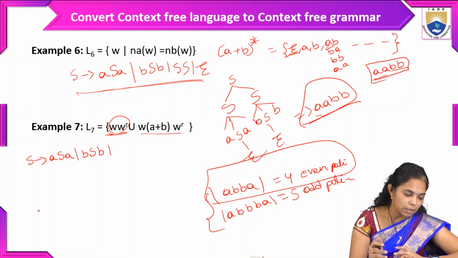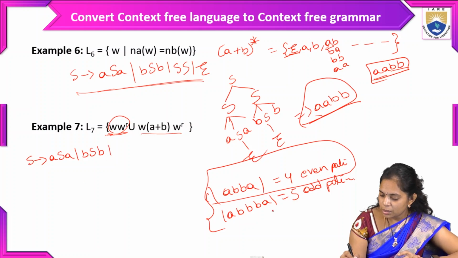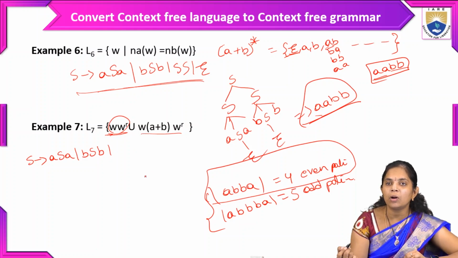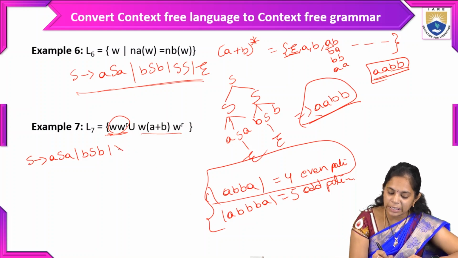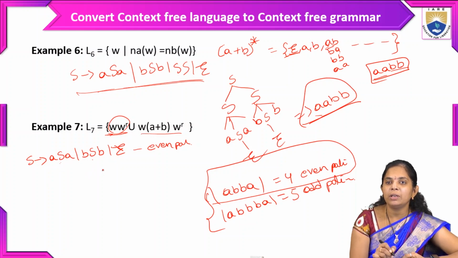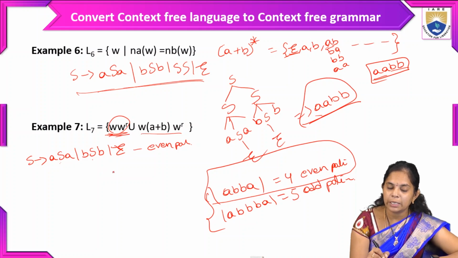And here we have the even number. If we have one more A or B, it is going to be an odd number. So for even palindrome we will write epsilon. So this is an even palindrome. Why? Because if you keep the S value as epsilon only, we will get the even number of A's or even number of B's that we require for the W W reverse even palindrome.